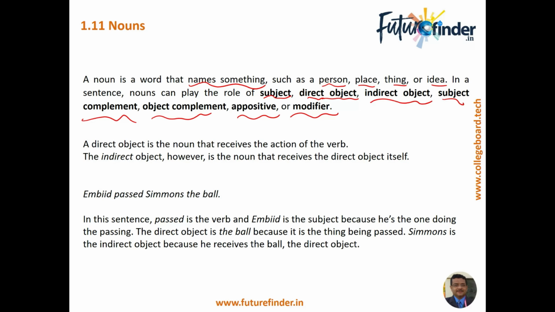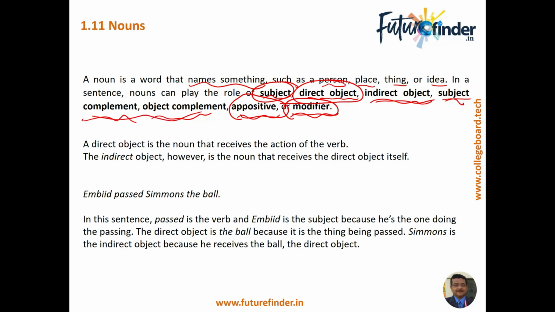Out of these, for the SAT, we must know how a noun is used as a subject and an object, and as an appositive or a modifier. The rest of the things will fall in place automatically.